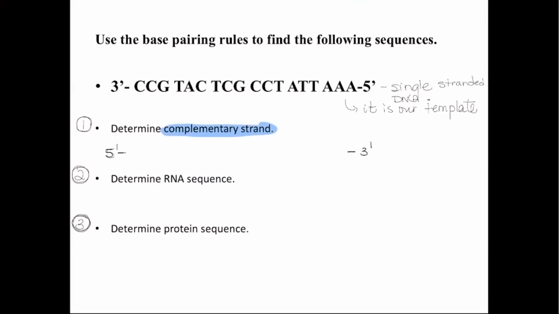Now, what is the base pairing rule when we're trying to find the complementary strand given a single-stranded DNA? Wherever you see an A, you will put a T, okay? Because this is representing what happens during DNA replication if we're focusing just on the leading strand. Every time we see a C, we are going to place a G, and vice versa.